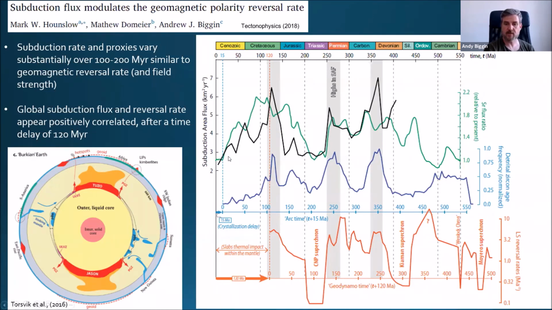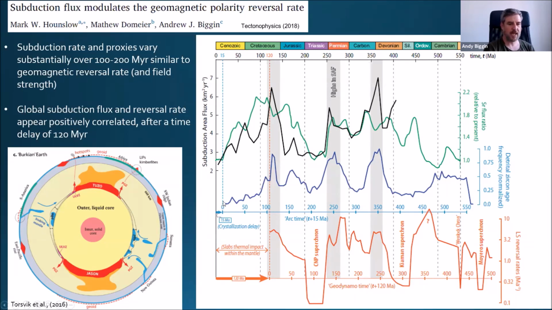So we've got a factor of 3 change in the subduction flux on similar timescales to that on which we were seeing these paleomagnetic variations. But we'd expect certain delays to be present in this, particularly the zircons, which arise from melting of the mantle wedge beneath the trenches. So this was pushed back 15 million years to allow for that delay.